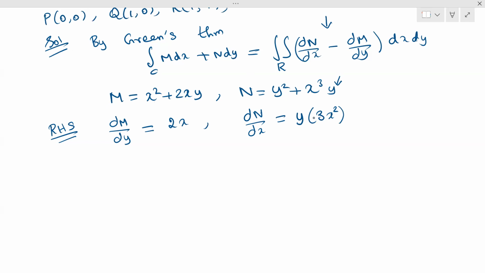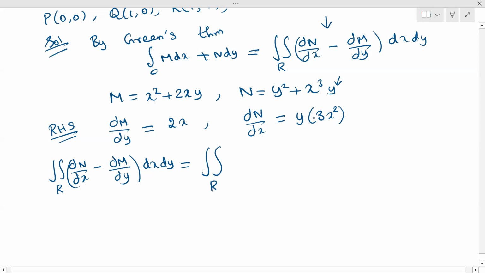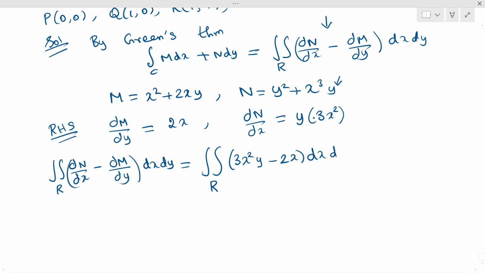So the double integral over R of dou n by dou x minus dou m by dou y dx dy is equal to the double integral over R of 3x square y minus 2x dx dy. So this is the function to integrate for our RHS.